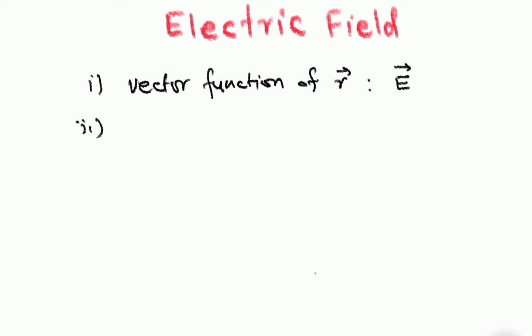Second, we measure in terms of a scalar function of position, and that is called electric potential V. So electric field intensity, electric potential, and another way, that is lines of force, are the different ways of describing the same field produced by charges.